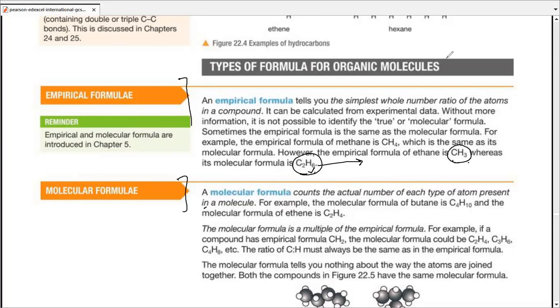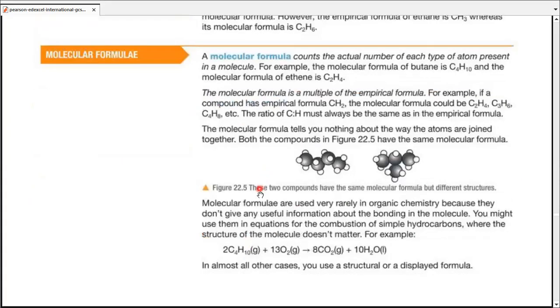Good, good. Now, remember, empirical formula is about simplest ratio and not just the simple one, because ratio might be converted into many parts, but you're going to consider the simplest one, the smallest numbers, as small as you can. Now, molecular formulas are used rarely in organic chemistry because they don't give any useful information about the bonding in the molecule.